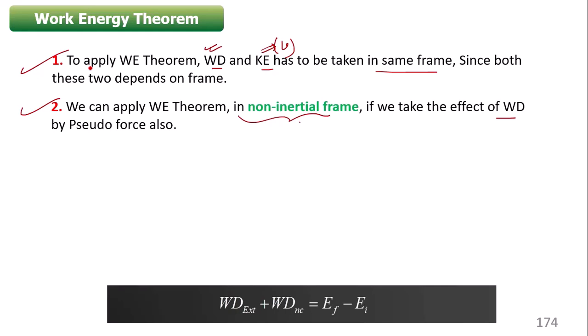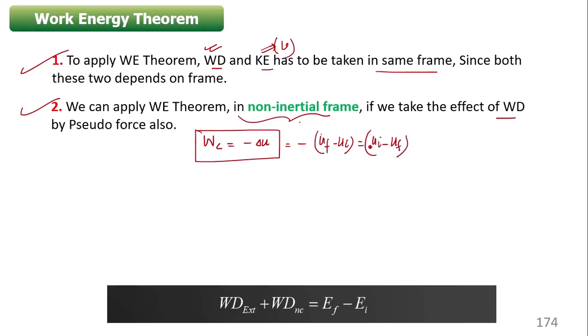In a particular situation, we know that the conservative work is minus of delta U. What is delta U? That is equal to U final minus U initial, so conservative work is U initial minus U final.